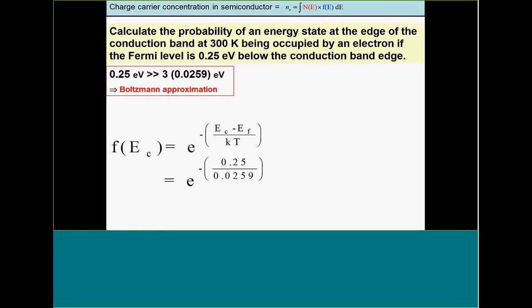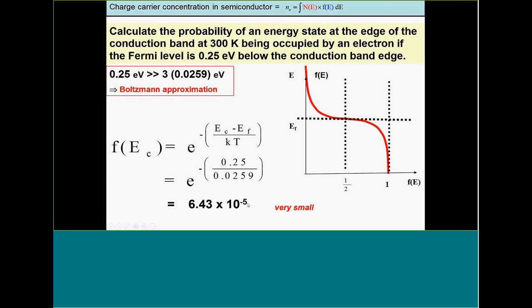So if you punch it in your calculator, of course, you can get this value, and the magnitude is 10 to the power of -5, which is a very, very small value. So you see here that if you draw the line, it's a very small value, perhaps somewhere here.